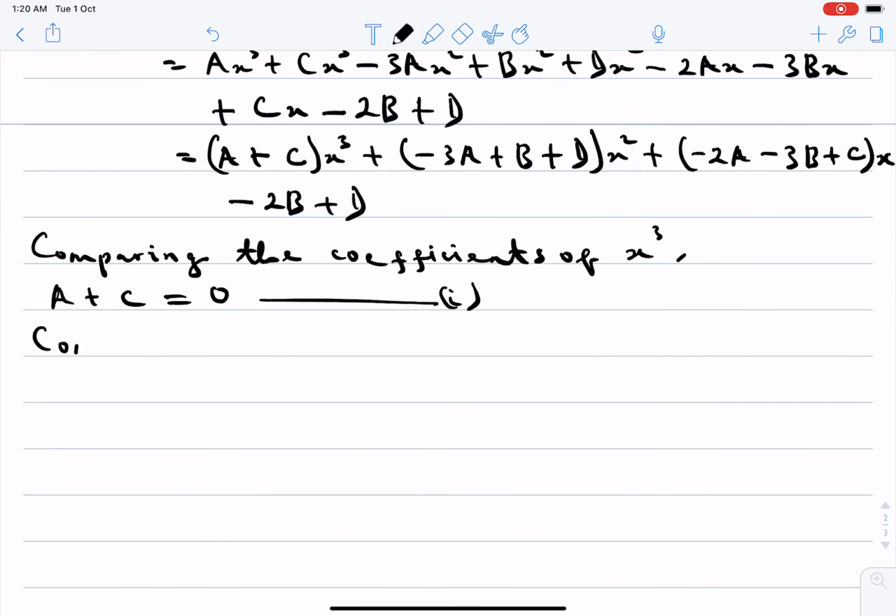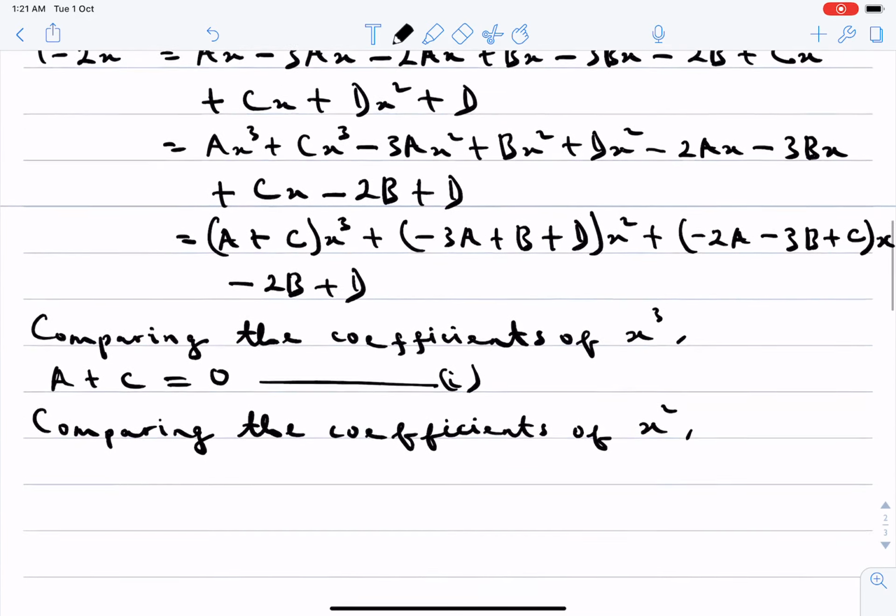Comparing the coefficients of x squared.